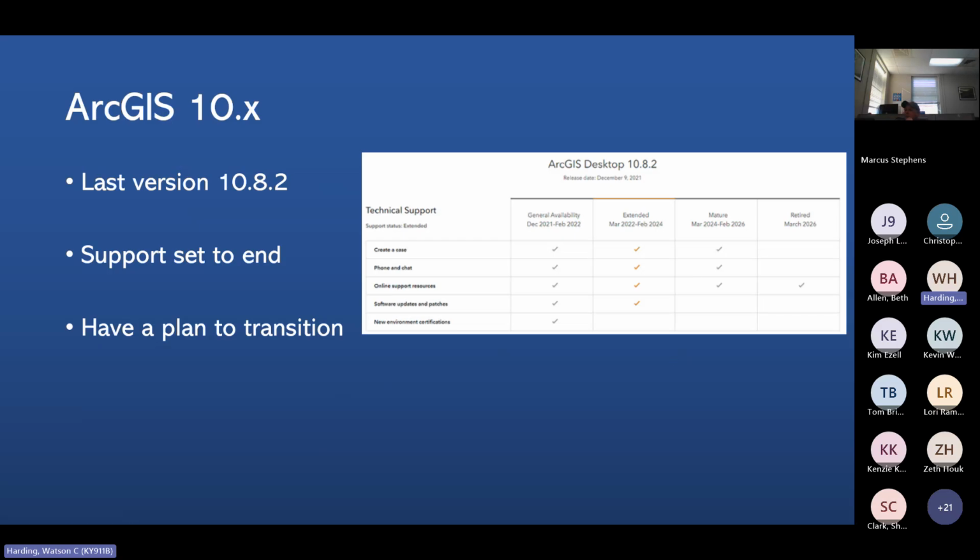This doesn't mean that if you're currently working with ArcMap 10, whatever, that you need to make the transition tomorrow, but it is something to be aware of, and that there are going to be costs associated with getting your ArcPro license.